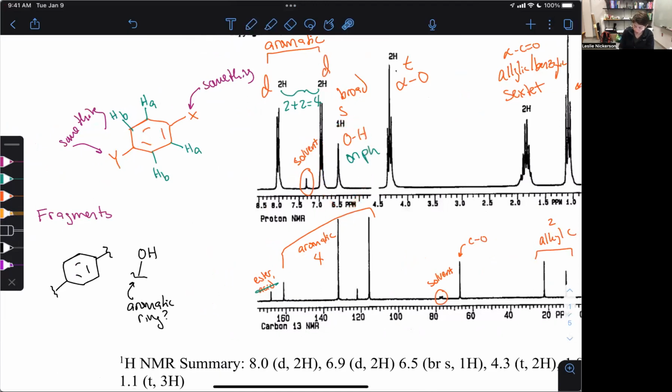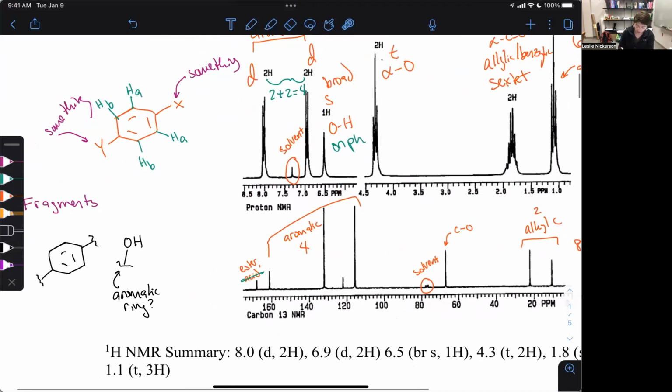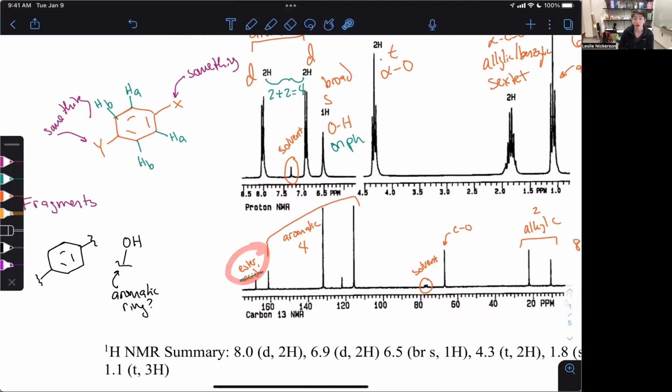A lot of times you'll see alcohols around this region, so it is quite far shifted downfield. So that's another fragment. Then we have the 2 oxygens to make our carbonyl, which in this case is probably our ester.